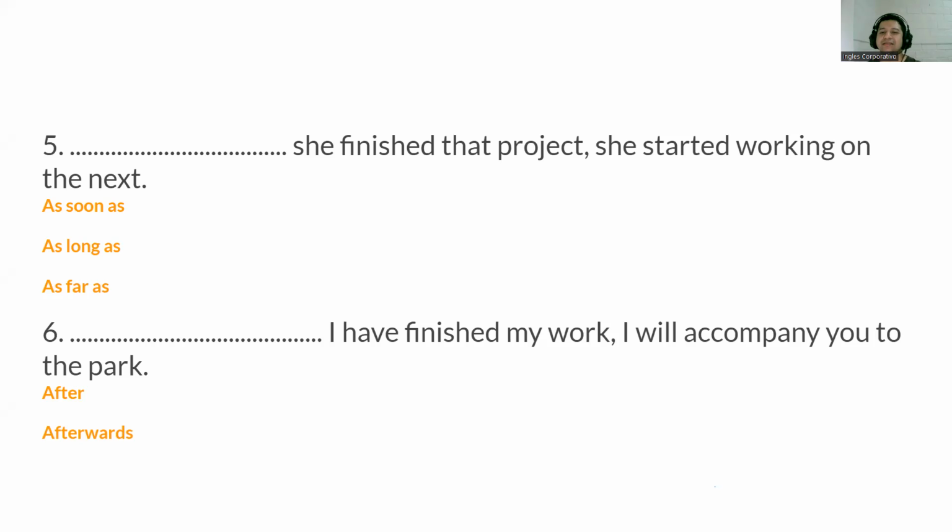As soon as, as long as, or as far as? As soon as. Let's see. Very good. As soon as she finished that project, she started working on the next. As soon as she finished that project, that is the relative clause.